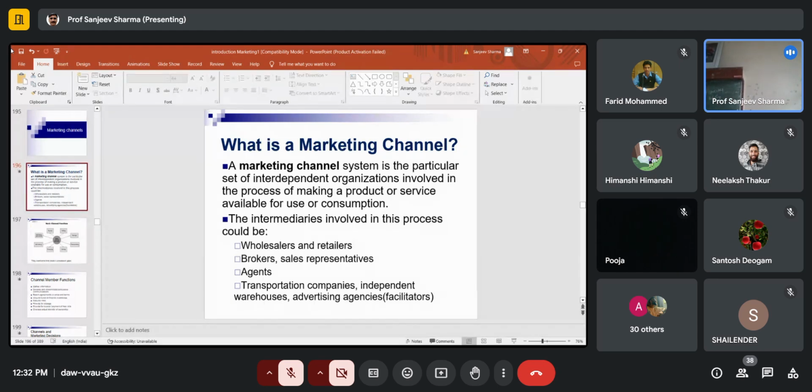Second is when the company sells it to the retailer. Why am I using the word sell? So this is the first point of sale.